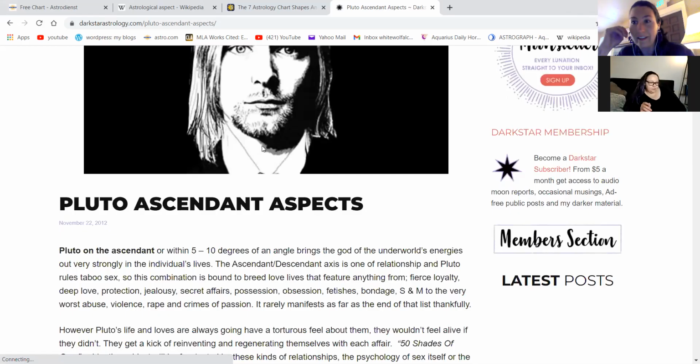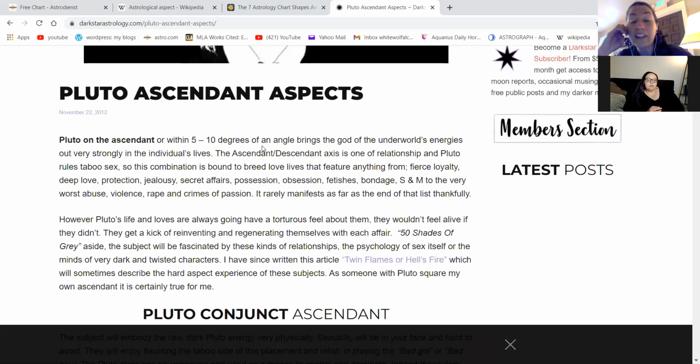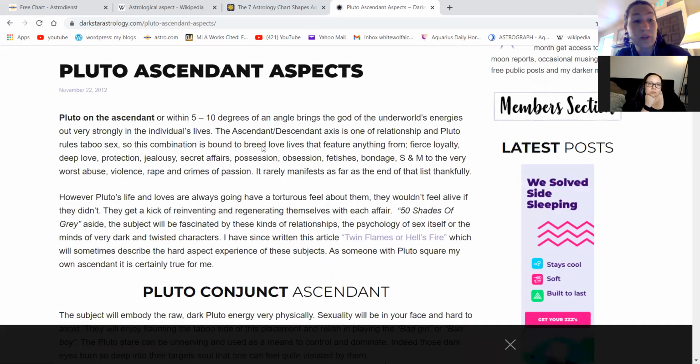Pluto on the ascendant, within 5 to 10 degrees of an angle, brings the god of the underworld's energies out very strongly in the individual's life. The ascendant-descendant axis is one of relationship, and Pluto rules taboo and sex.